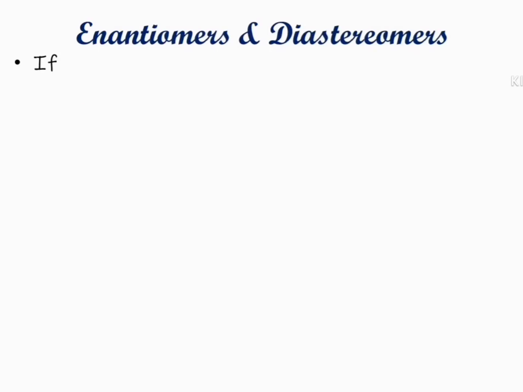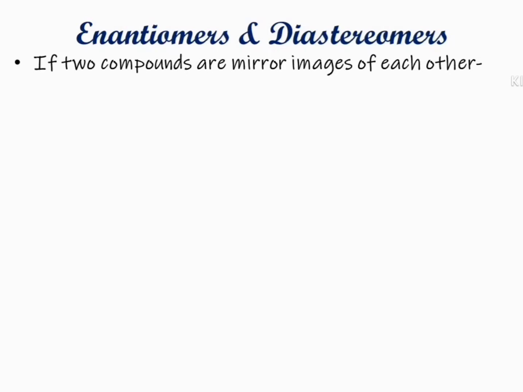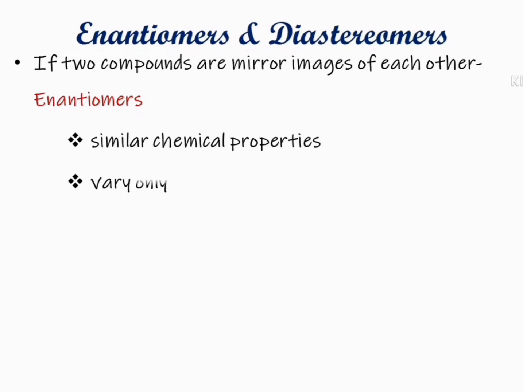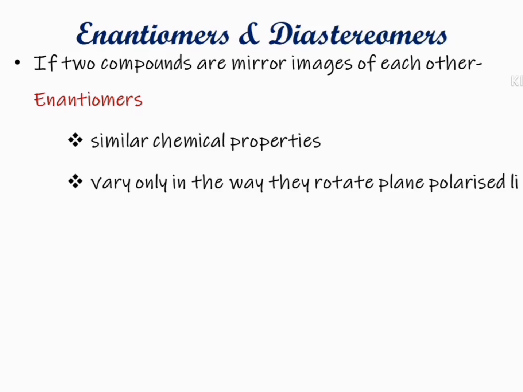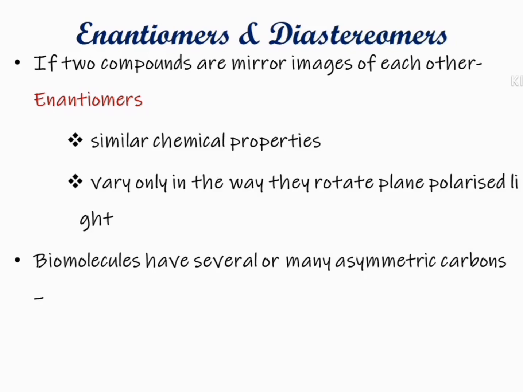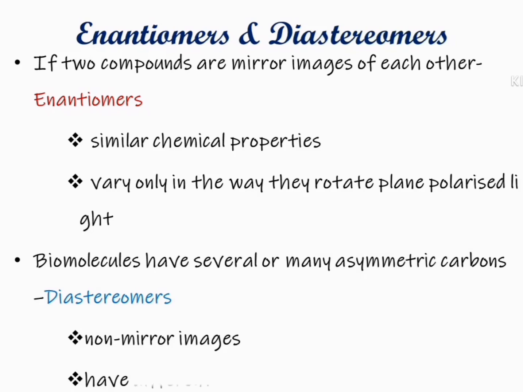If two compounds are mirror images of each other, they are enantiomers, a subset of stereoisomers or optical isomers. Typical enantiomers have similar chemical properties and vary only in the way they rotate plane polarized light or interact with other chiral compounds.